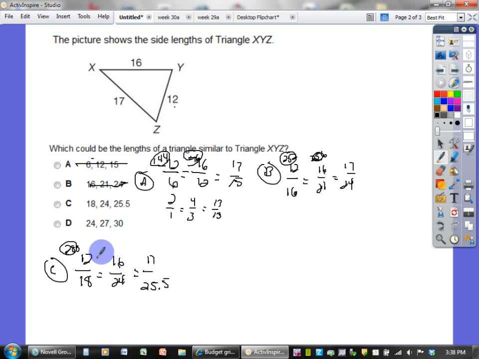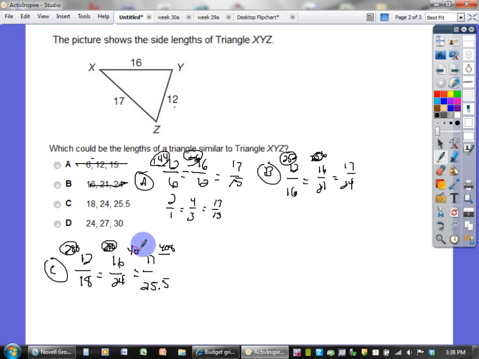And then 18 times 16 is 288. And then I would need to say 24 times 17, which is 408. And then 25.5 times 16, which is 408.